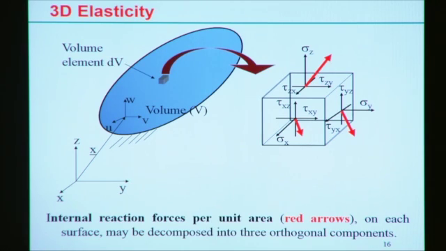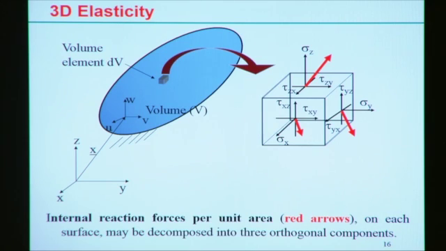Now if you look at the figure on the left-hand side, if we consider a material volume, and on that material volume we try to find out what stress elements can act on this volume of the material. Let us look into that.